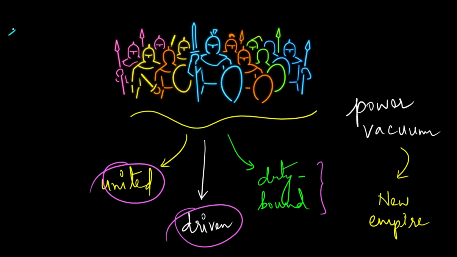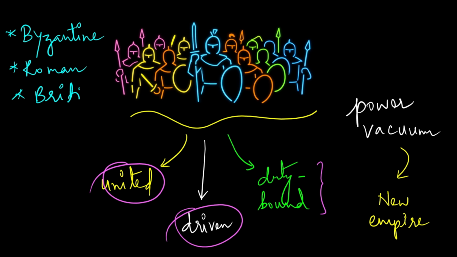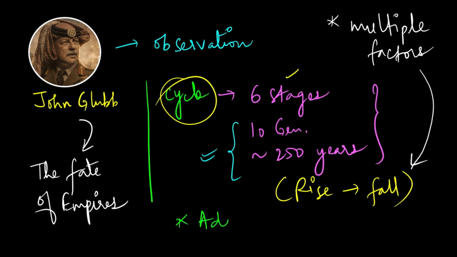It is not necessary that the 250-year timeline applies strictly in every case. The Byzantine Empire lasted for more than 1,000 years. The Roman Empire, the Ottoman Empire, and the British Empire all lasted for far more than 250 years. Therefore, empires also adapt, and many times they successfully stretch themselves through reforms. So the idea of 250 years is not a strict rule.